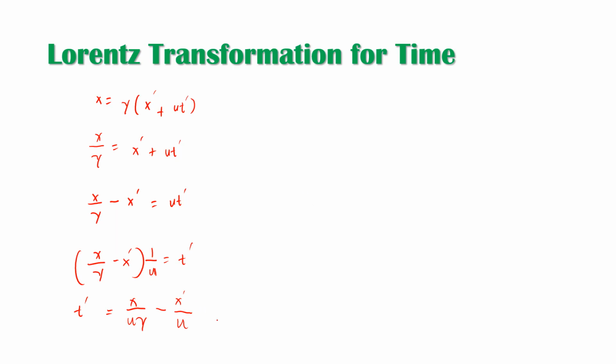Now take note that in the previous derivation, we have obtained this: x prime is equal to gamma times (x minus u times t). So we have to eliminate x prime so that what will be left will be x.